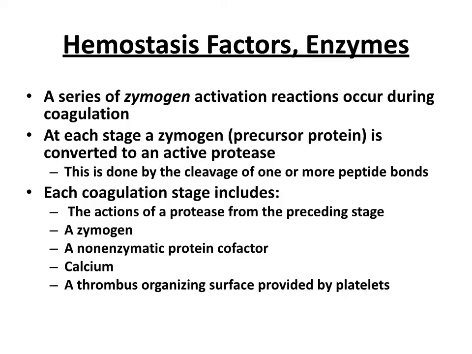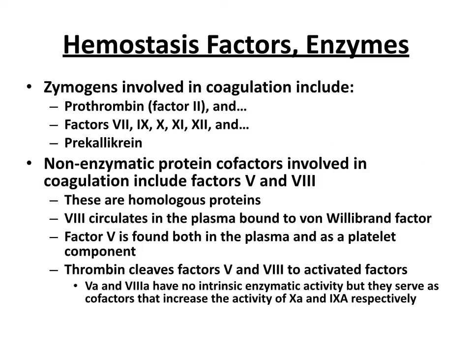That gets done by the cleavage of one or more peptide bonds. And then what happens with each coagulation stage is you get the actions of a protease from the preceding stage, a zymogen, a non-enzymatic protein factor, calcium, etc. All these are interacting with a thrombus organizing surface provided by platelets to start the wound healing event to occur.